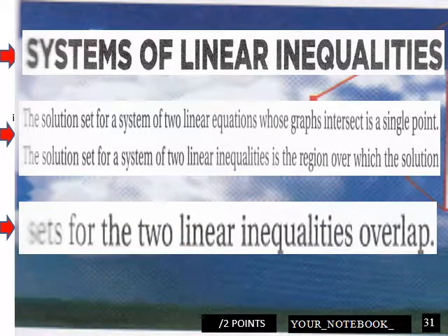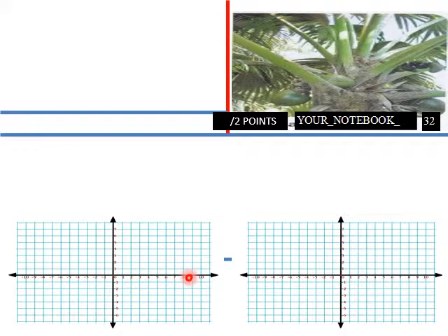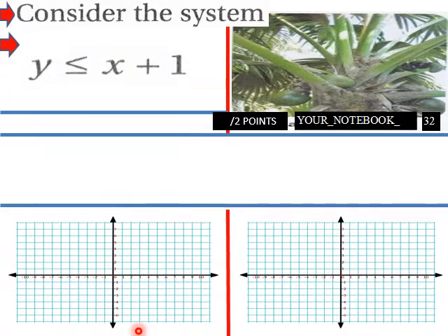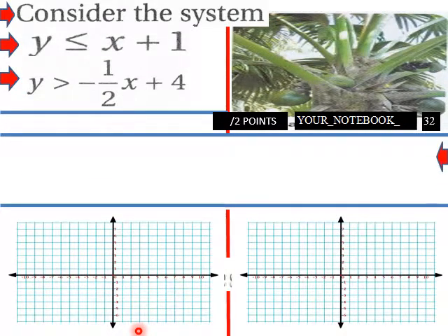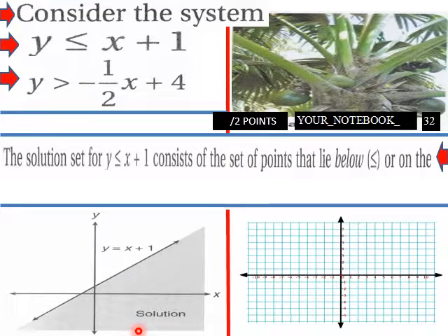Systems of linear inequalities. So now we're going to get into linear inequalities. Consider the system of these two inequalities. The solution set here is the solution set for this inequality.